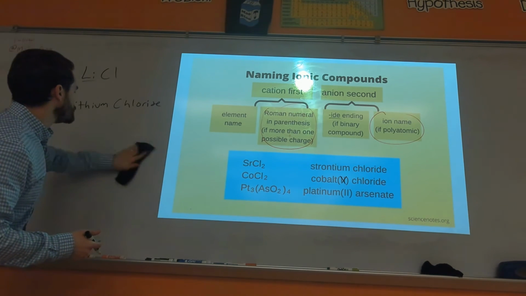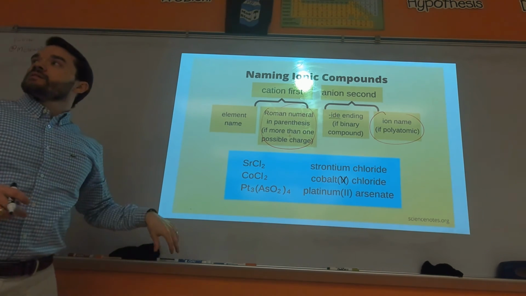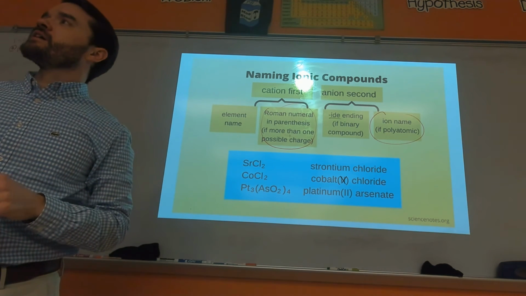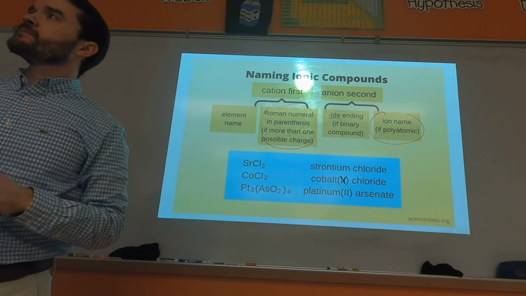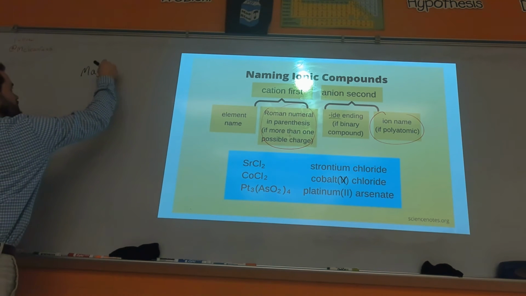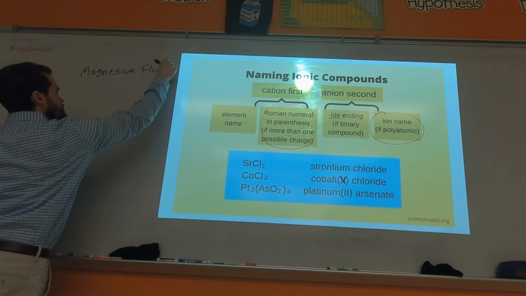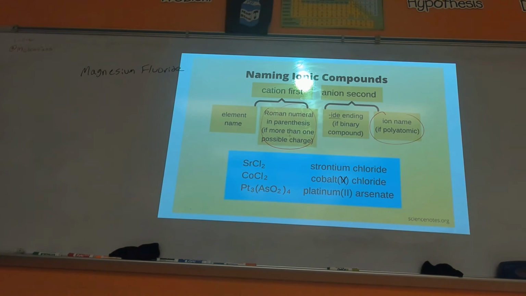Let's say I give you, let me make one up. Magnesium fluoride. So I give you the chemical name. What is the chemical formula there? I'll give you a second. Take a look at it. Try to think through how you would give the chemical formula.